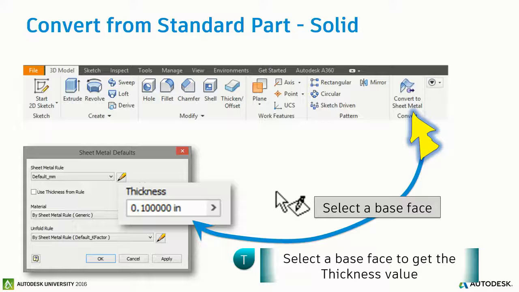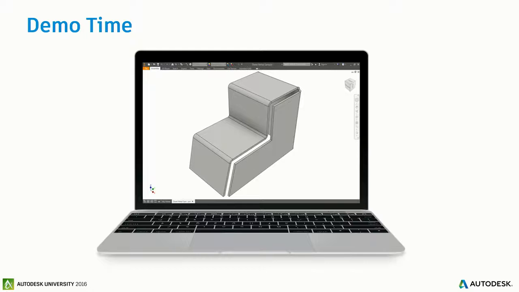So you pick a face, and we fill in the sheet metal default thickness override value directly. Then all downstream features follow this thickness definition. So let's go to a quick demo on how to make it.